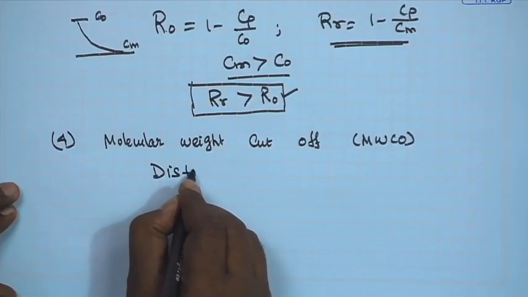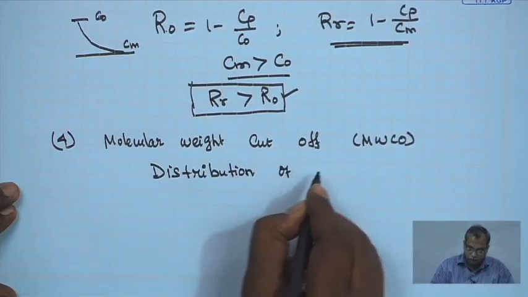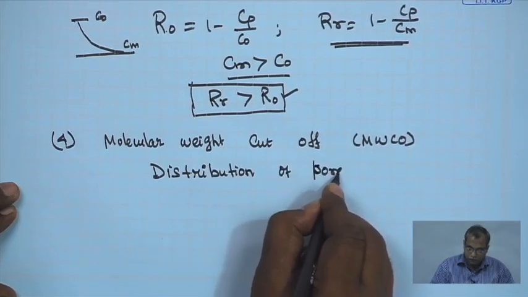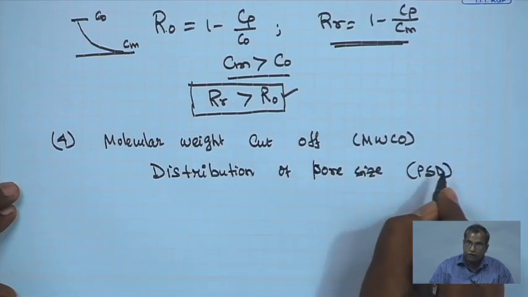What actually exists is a distribution of pore size in the membrane. This is known as pore size distribution or PSD.